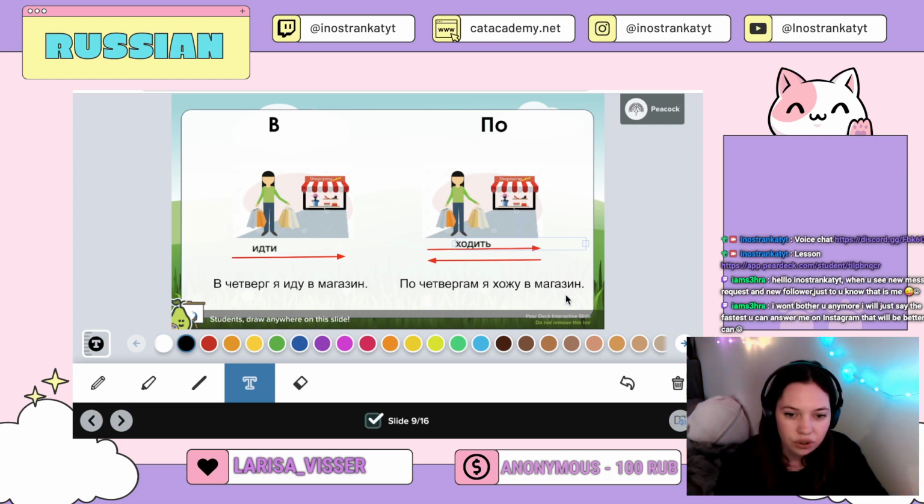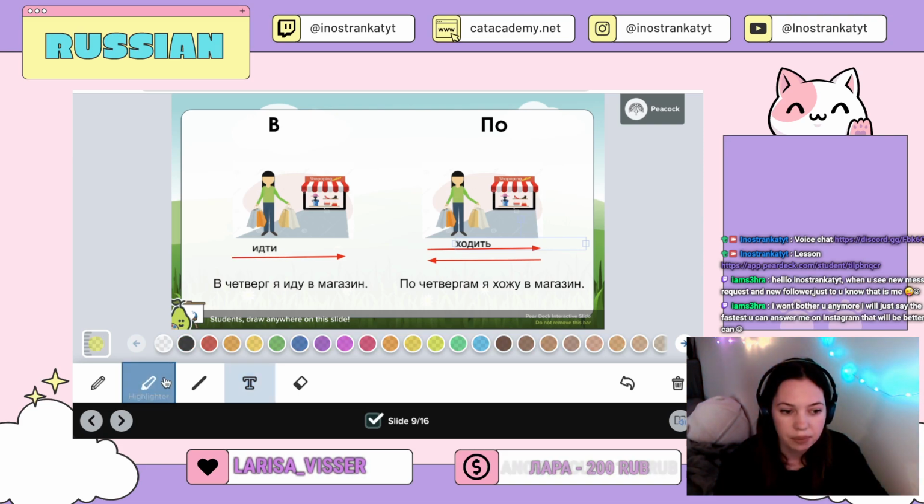And also, we not only change the verb, we also change the preposition here, в, if it's one time, в and иду. В четверг я иду.